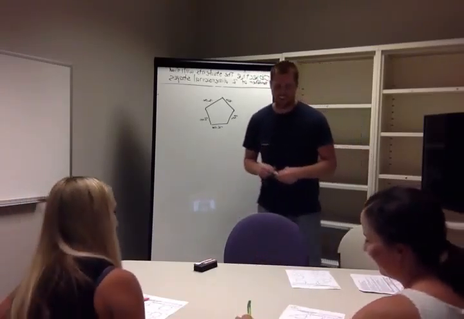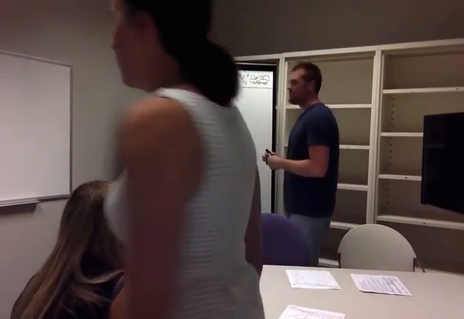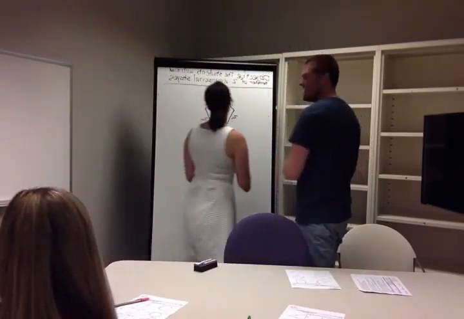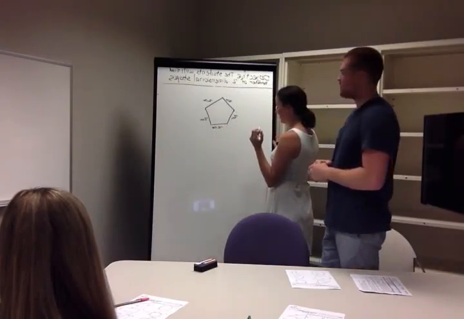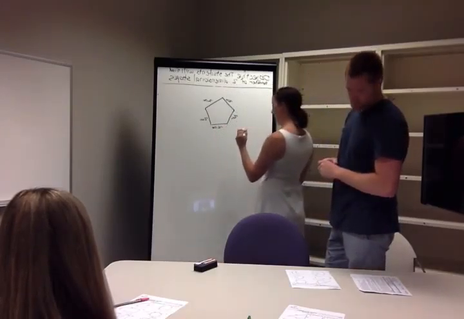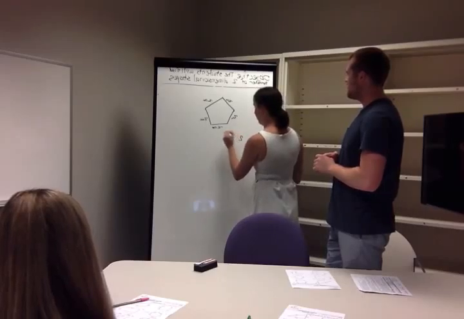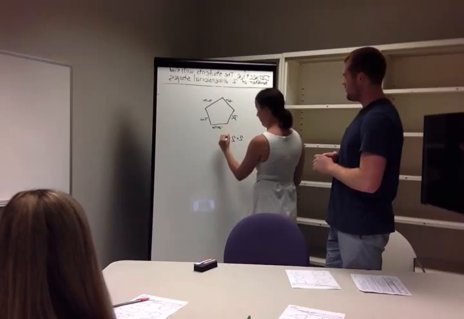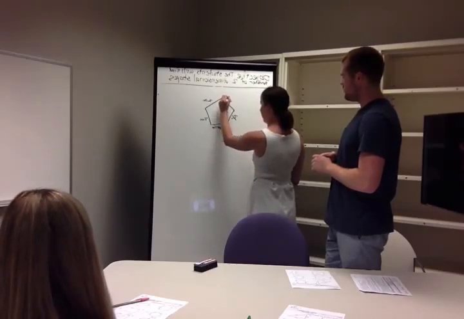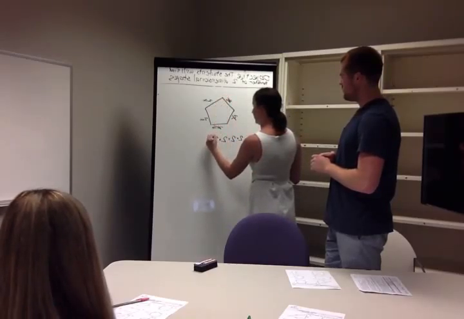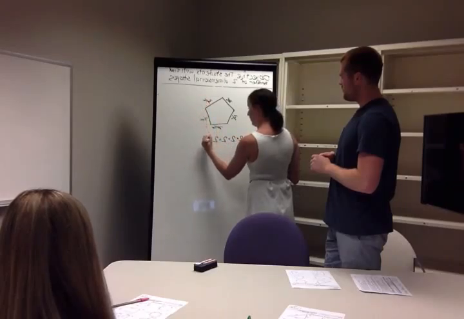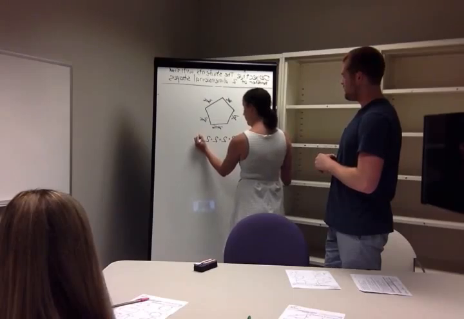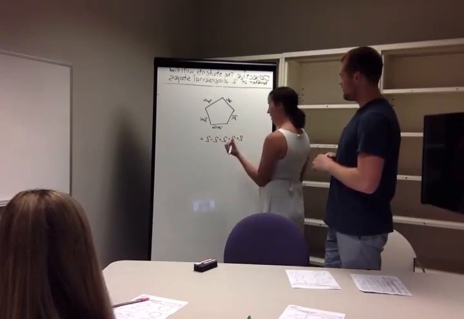I will. Yes, thank you, Megan. Please pretend I'm 3 feet shorter. Okay. So I took all the sides, so 2, that's that one, plus 2, that one, plus 2, that one, plus 2, that one, plus 2. And that's all the sides. And I put equal to, and then I added them in groups.